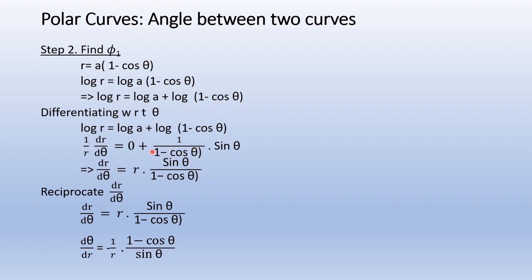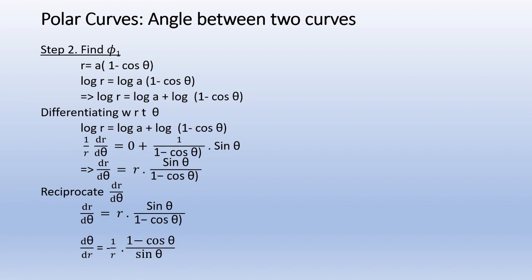That is dr by d theta is equal to r times sin theta by 1 minus cos theta. Reciprocate dr by d theta. We get d theta by dr is equal to 1 by r and reciprocal of sin theta by 1 minus cos theta is 1 minus cos theta by sin theta. We get d theta by dr this.